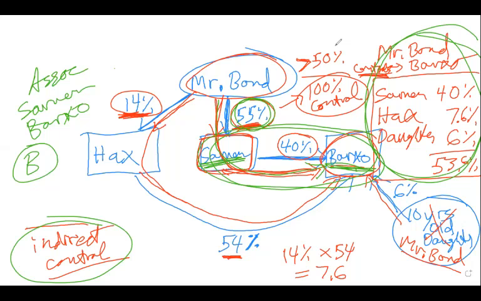All right, let's clear all that off and let's have a look at the next one. So the next one here, this is B. We have Mr. Jones, Mr. Knight, and Mr. Long.